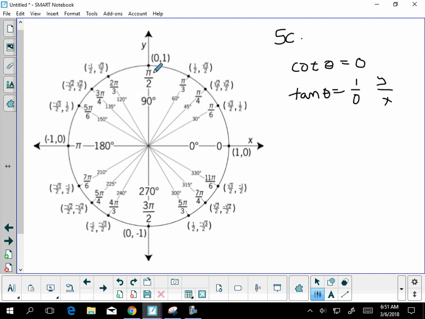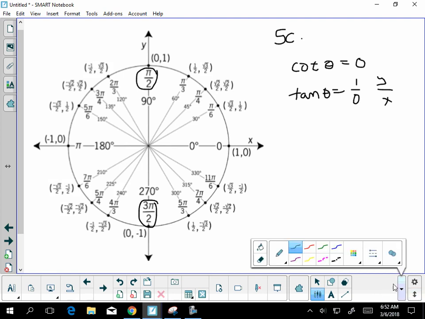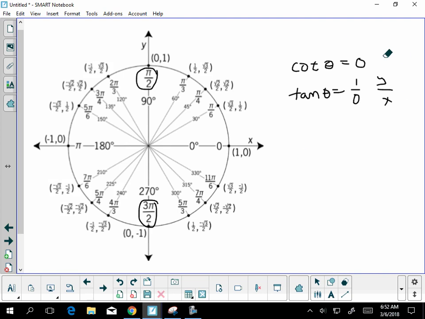But that is going to happen at, it's going to be undefined at pi over 2, and you're going to have 0 in the denominator at 3 pi over 2. But it's undefined. There is no real solution on that one. I guess there is, because we're not dealing with the reciprocals. Sorry.